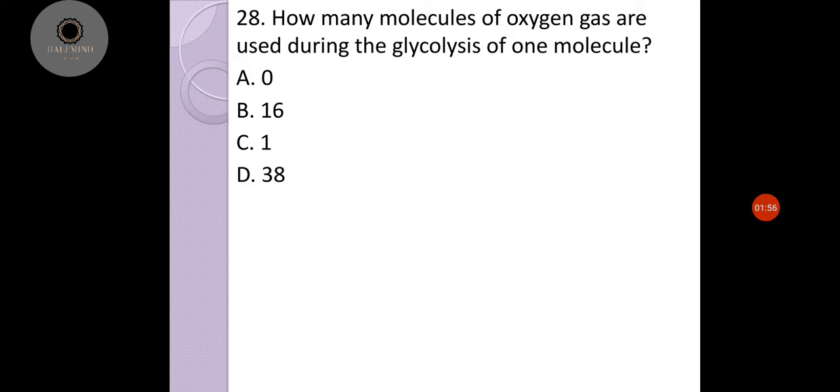And now, oxygen will be used in the electron transport chain or the oxidative phosphorylation. So, walang oxygen na gagamitin in the other process of cellular respiration. So, yung answer natin dito is letter A, 0.